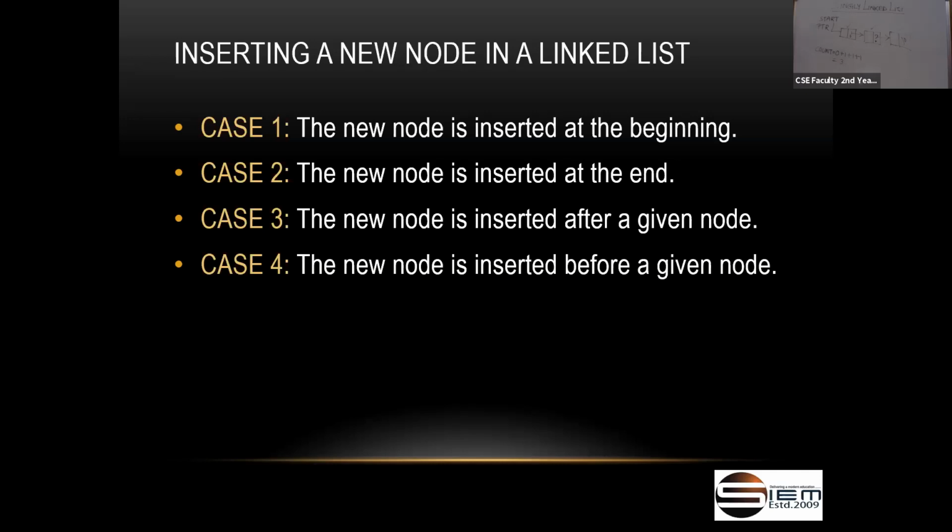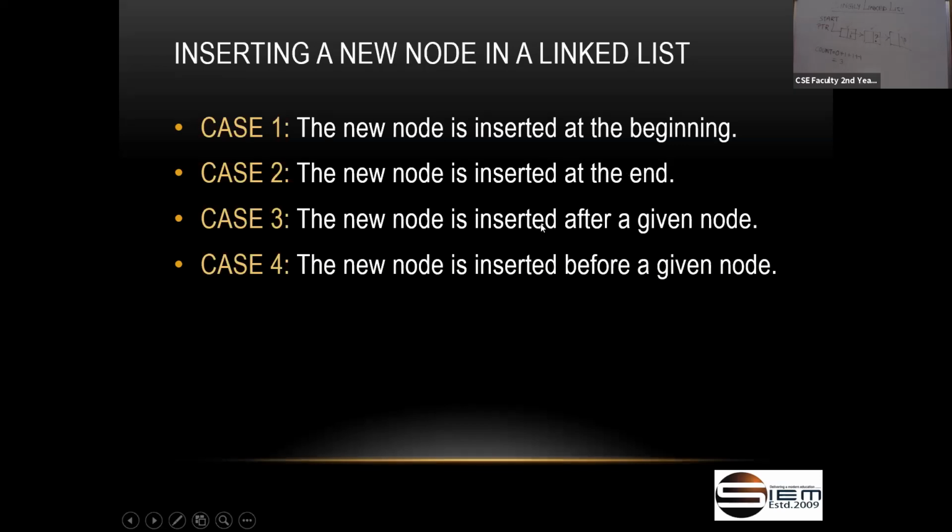Don't be confused. If I categorize into 4 cases, then case 1 is the new node is inserted at the beginning. That means this new node will become the first node. Case 2 is the new node is inserted at the end. That means the new node will become the last node.